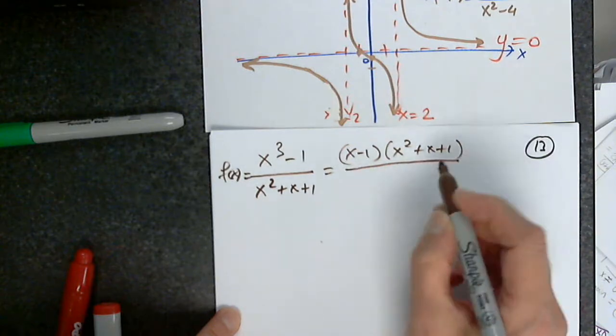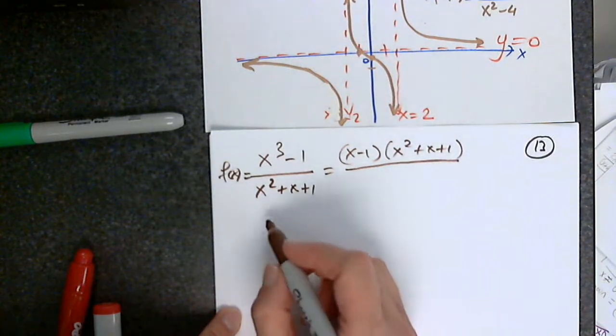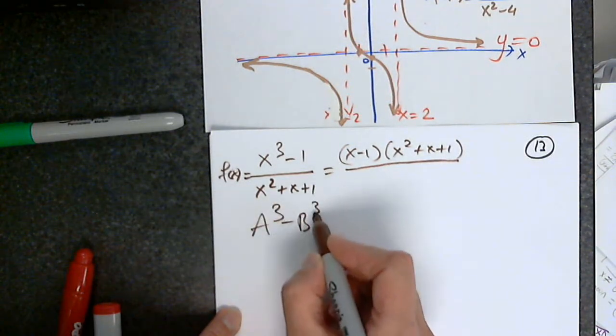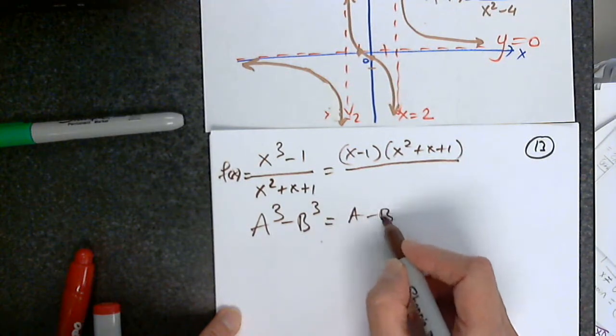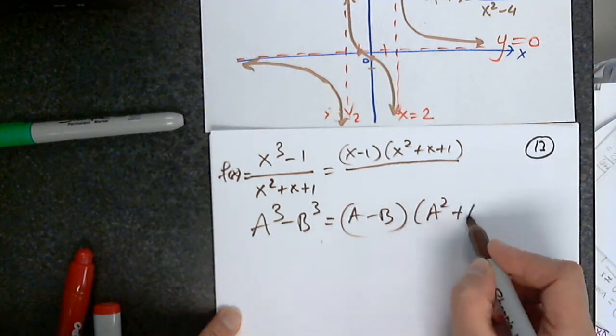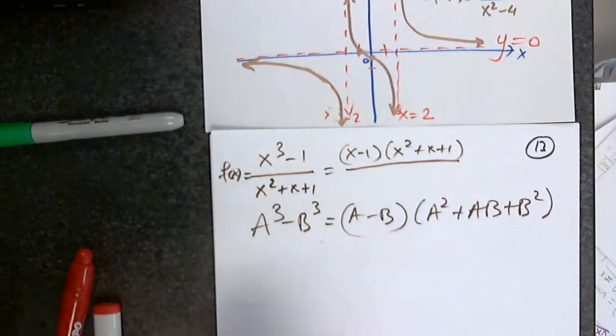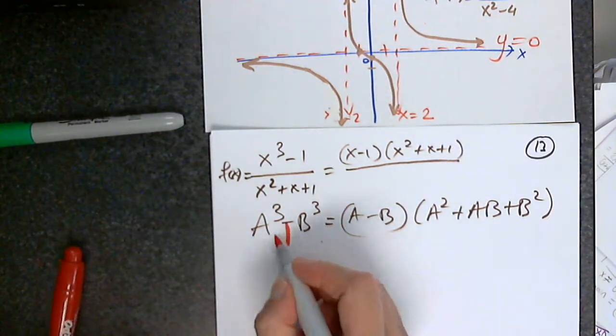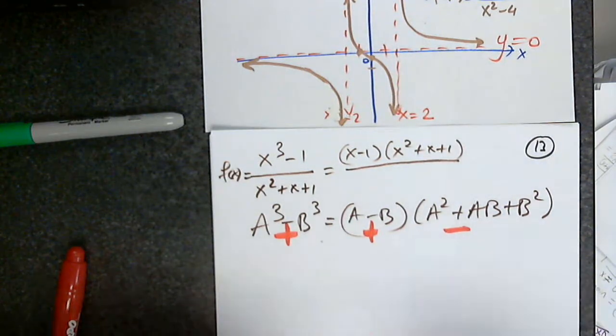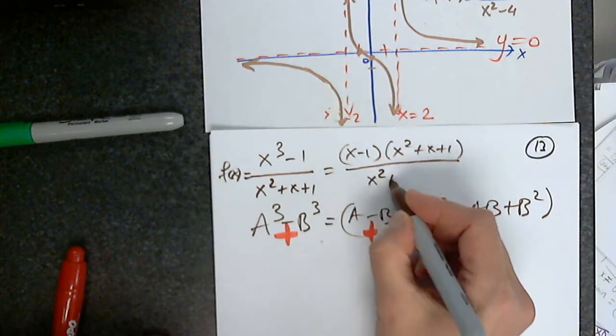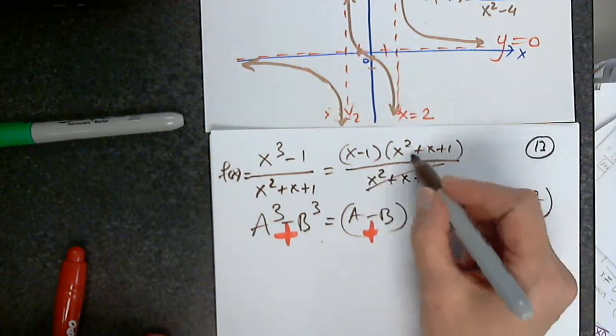You may remember this formula or not. We have not encountered it. So it's a cubed minus b cubed, which is a minus b times a squared plus ab plus b squared. And if I have plus here, then I have plus here, and I have minus here. So because of that, this function that I created is linear.